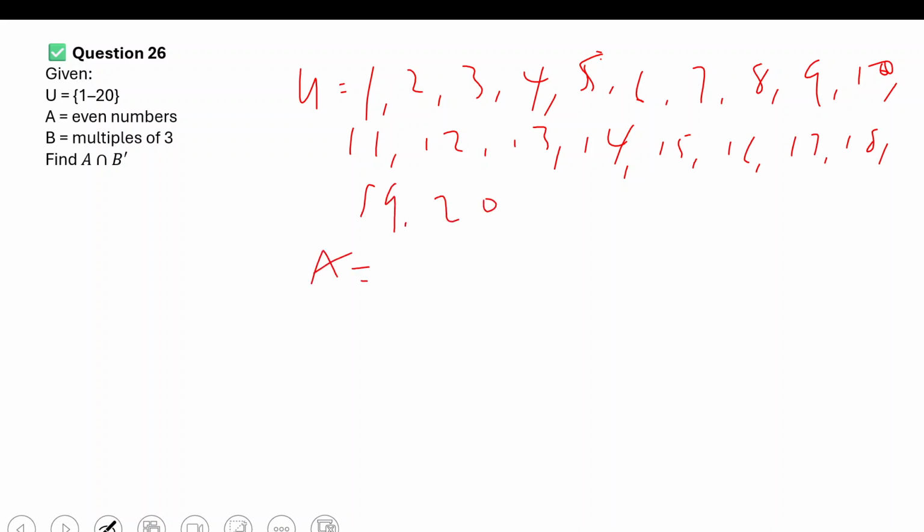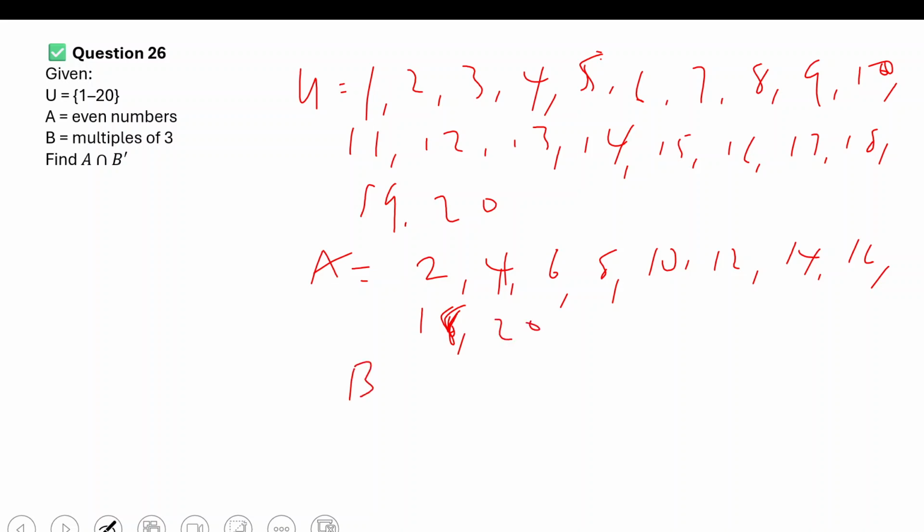A is even numbers: 2, 4, 6, 8, 10, 12, 14, 16, 18, and 20.